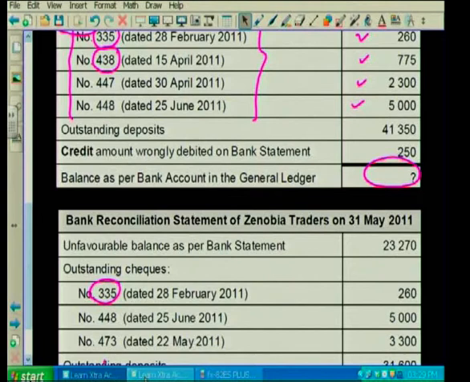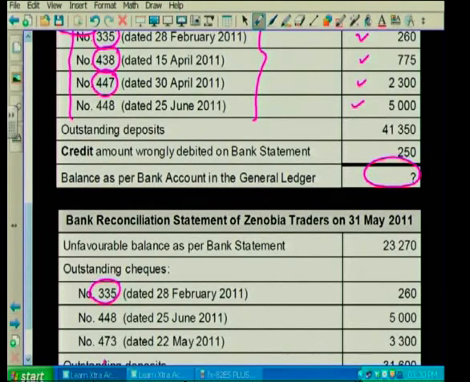Then we have 447, and notice that 447 does not appear. So in other words, 335 appears here, 438 does not appear.